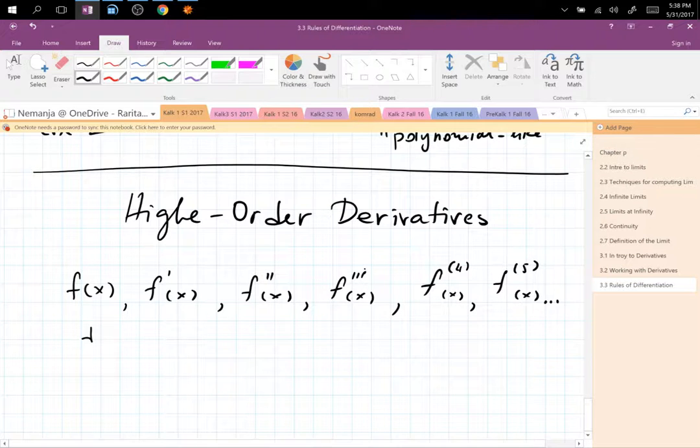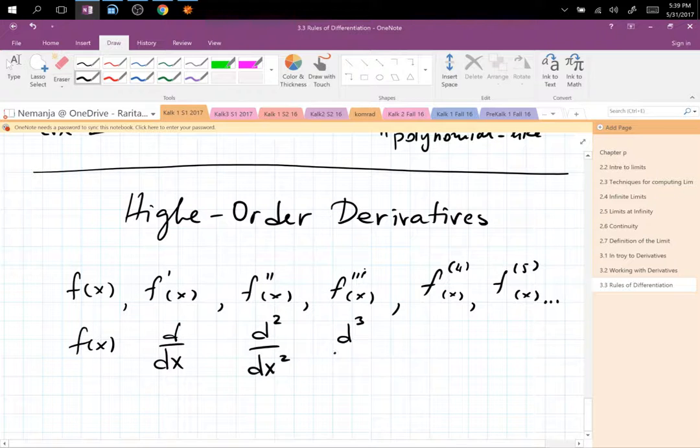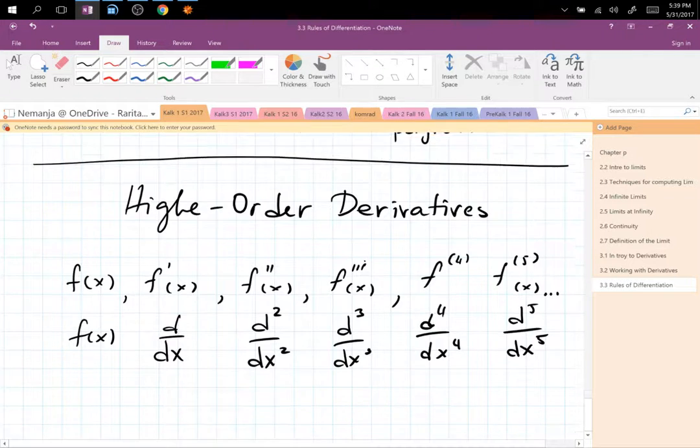The notation using Leibniz, we don't have this, it's just again f of x. Over here you will have d dx, d squared over dx squared, d cubed over dx cubed, d fourth over dx to the fourth, and d fifth over dx to the fifth. These are instructions.